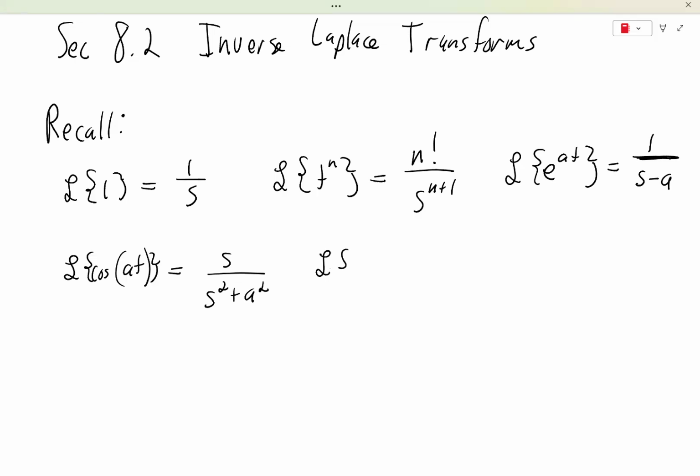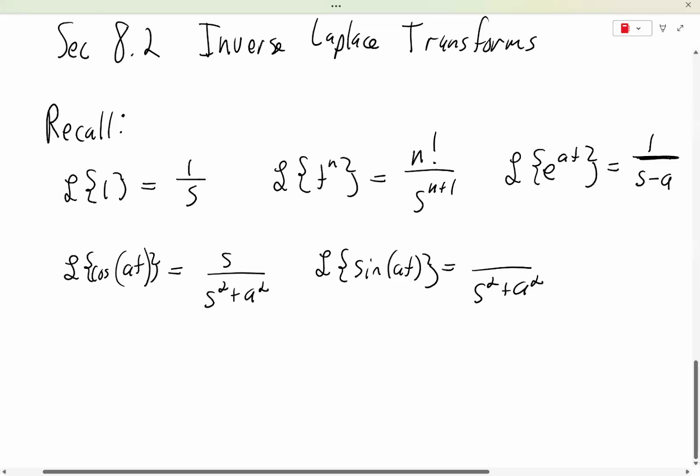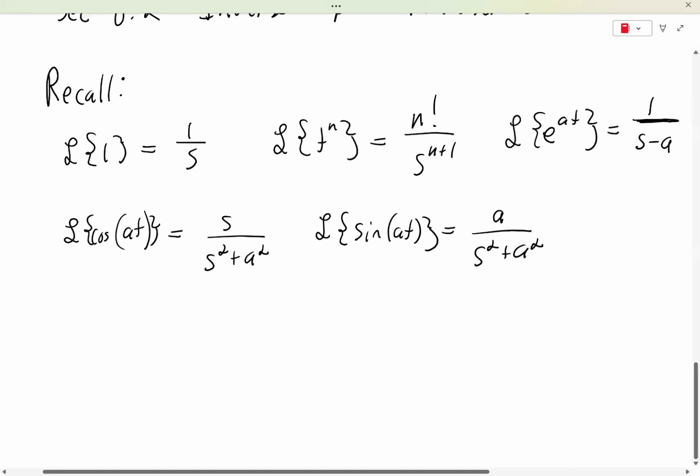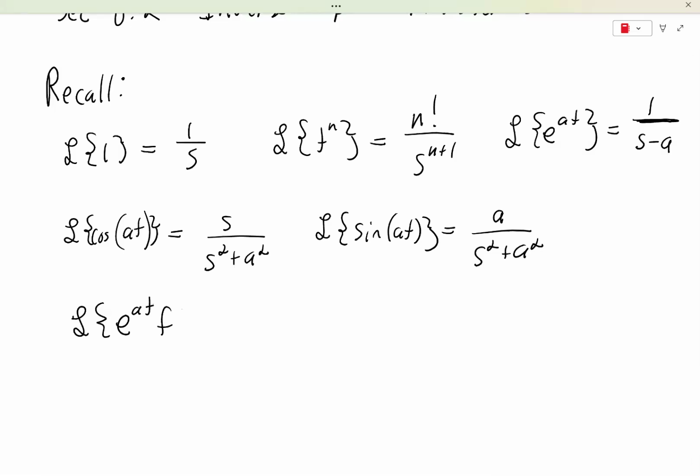Okay, and then the Laplace of sine of at equals a over s squared plus a squared. It's an a here. And then finally, one more. The Laplace of e to the at f of t equals capital F of s minus a.